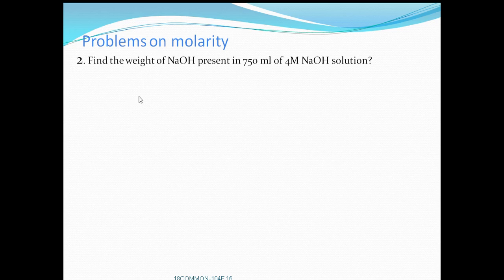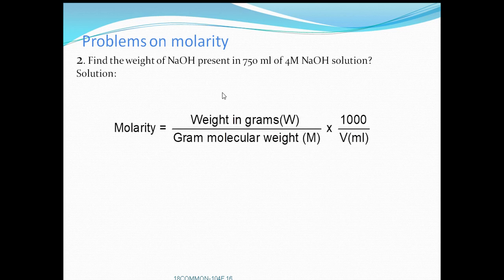See once again this problem. Find the weight of NaOH present in 750 ml of 4M NaOH solution. Now we have to write the formula: molarity capital M equals W by GMW into 1000 by V. Already you know the formula. From this formula, we have to calculate.